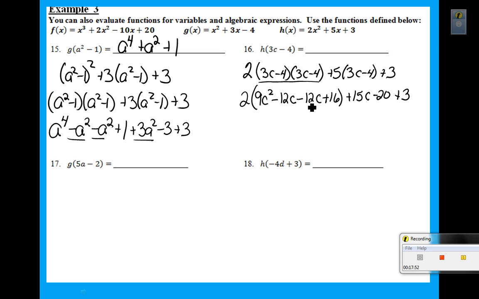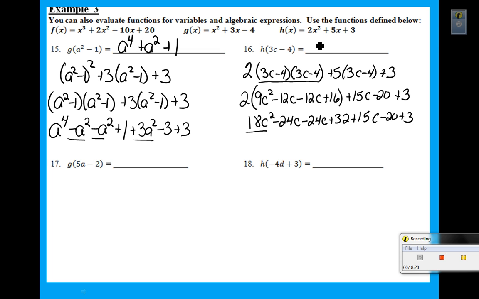Let's distribute through here. So I've got 18c squared minus 24c minus another 24c plus 32 plus 15c minus 20 plus 3.